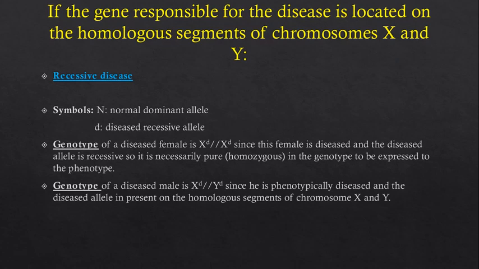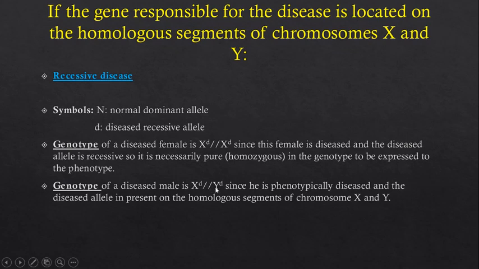As for the genotype of a diseased male, remember this time we're discussing the localization of the gene which is on the homologous segment of X and Y. So in this case we are also supposed to put the allele on the Y chromosome. Because he is diseased and the diseased allele is recessive, he is going to carry the recessive allele on both his chromosomes X and Y. So his genotype is going to be XdYd.